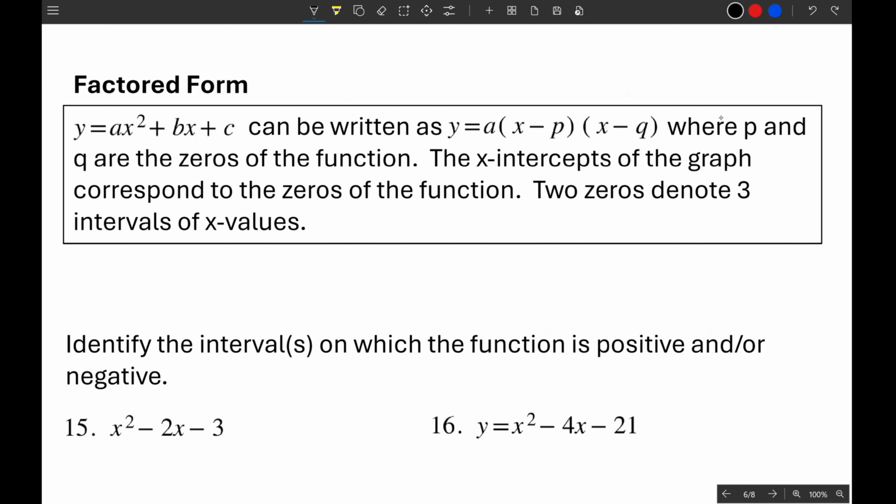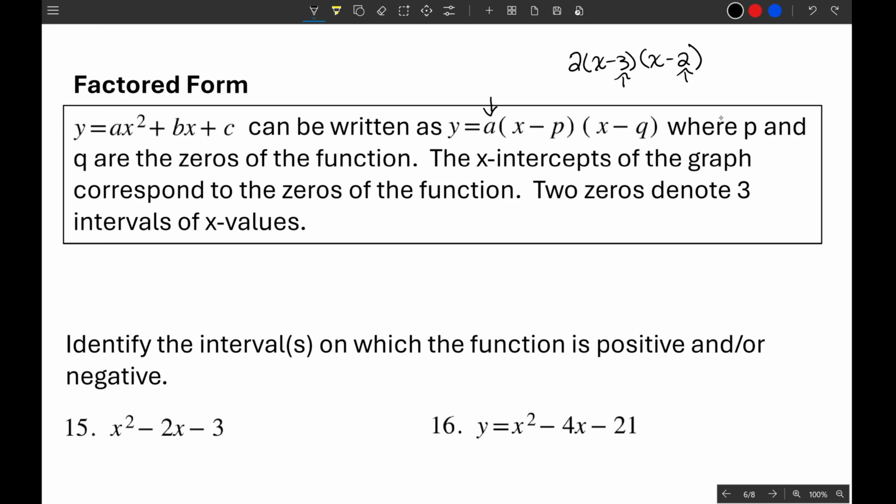All right, so factored form can be written as y equals a number times x minus p times x minus q, where p and q are your zeros. So it's saying like if I had 2 times x minus 3 and x minus 2, then this would be p and this would be q. It's just like if I had it in factored form.